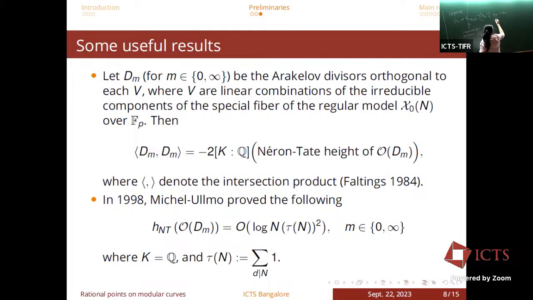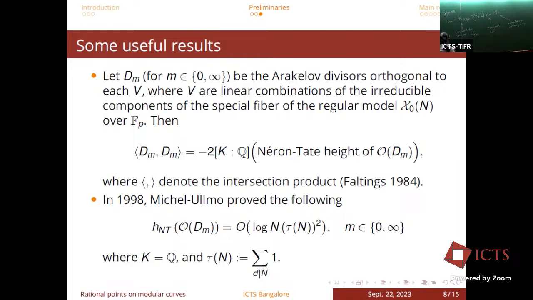And this is the horizontal divisor corresponding to the cusps 0 and infinity. And this is the vertical divisor corresponding to 0 and infinity. So first we prove this, and then using Faltings' theorem, we prove the following identity.